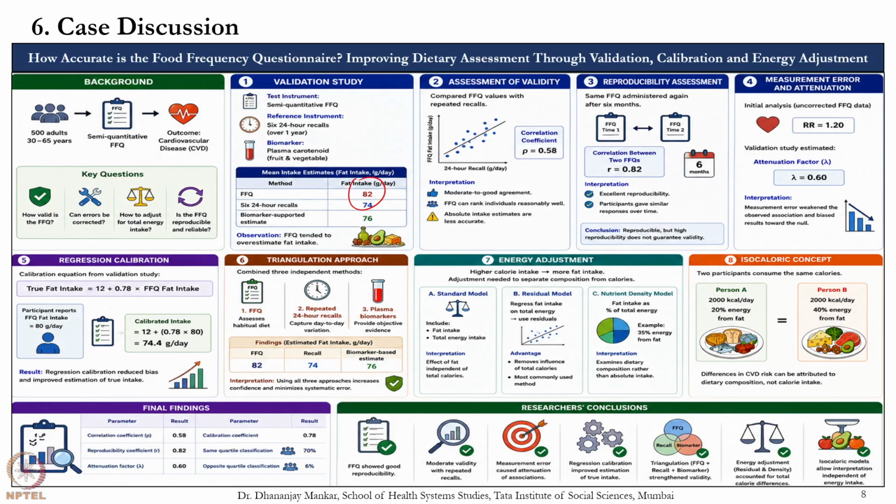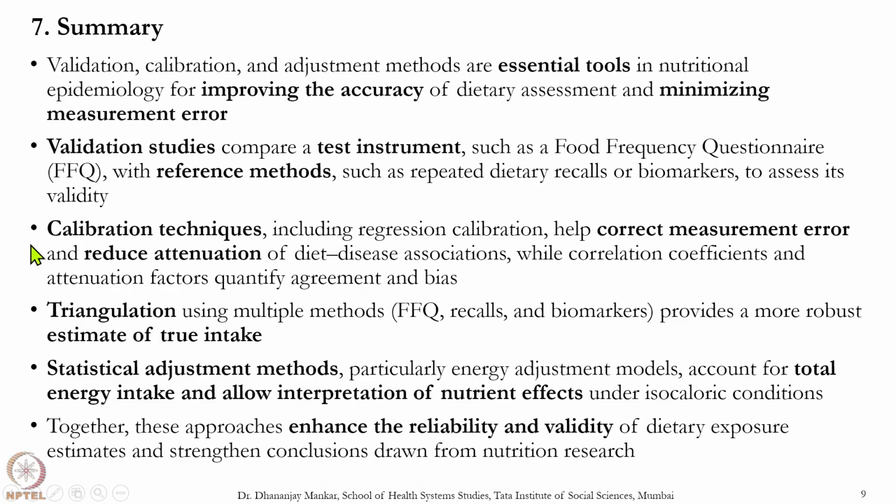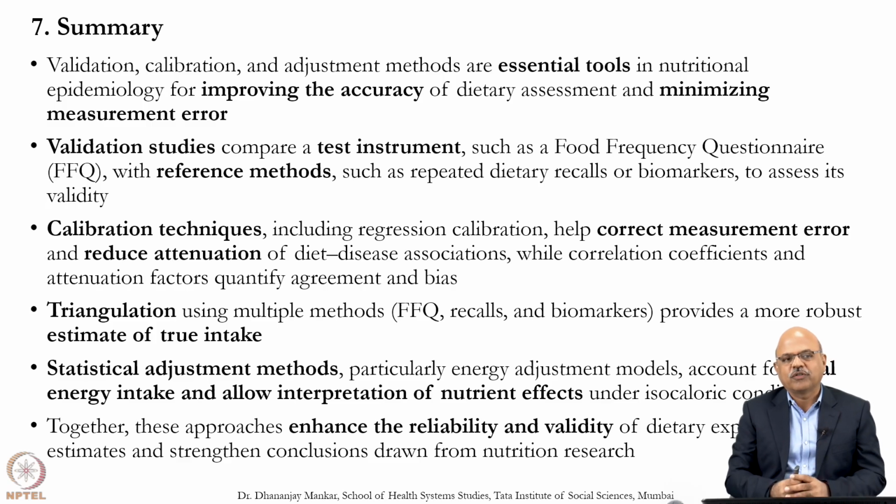So in this case study, you can understand how improving dietary assessment through validation, calibration and energy adjustment was done, across a mid-age population towards the higher age group of population. So with this, we have come to this chapter where validation, calibration and adjustment methods are seen as very essential tools in nutritional epidemiology.